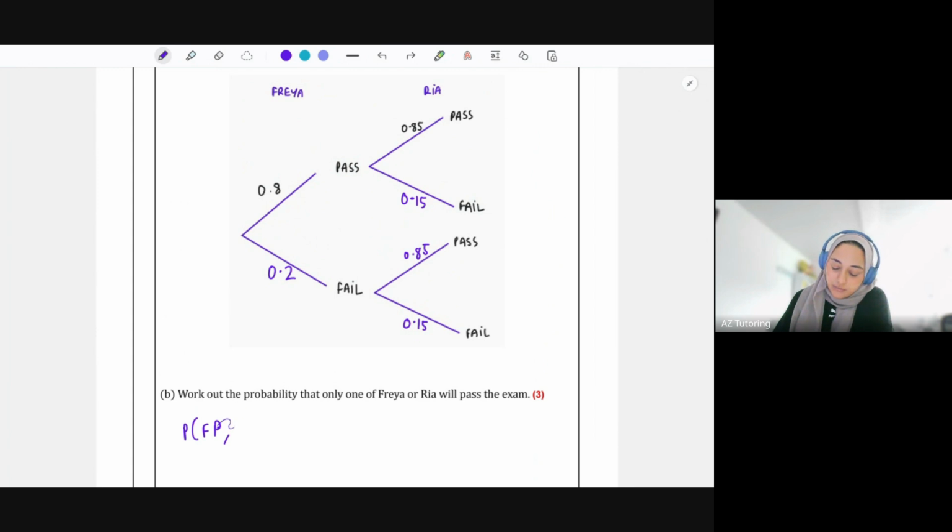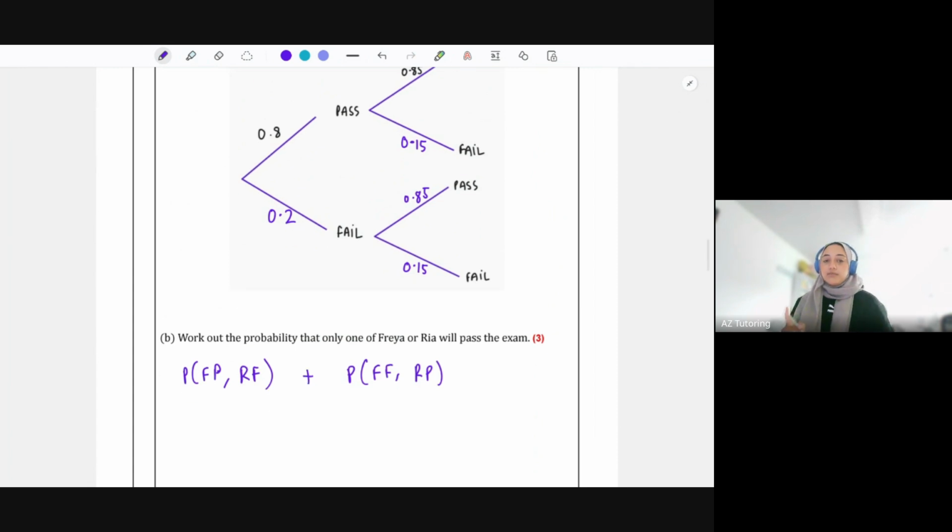So I could say probability that Freya passes, but Ria fails. But I could also have the probability that Freya fails, so FF. So she could fail, but I need Ria to pass in that case. So then it could be Ria passes. So these are 2 probabilities, so we add them together.